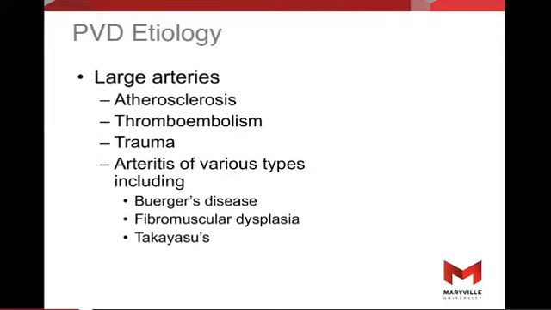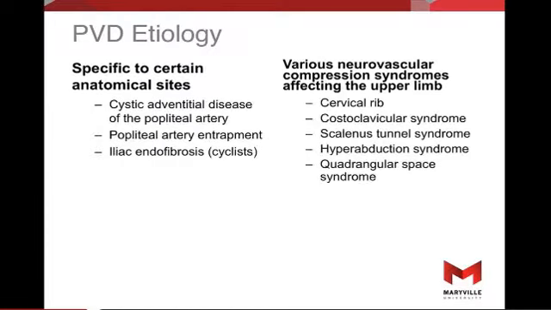The etiology. So there's different types of arteries and vessels that we know can lead to thrombosis. So large arteries would be those at risk for atherosclerosis, thromboembolism, trauma and injury, and then arteritis of various types. The etiology, specific to certain anatomical sites, those sites are more prone to having peripheral vascular disease and clot formation.